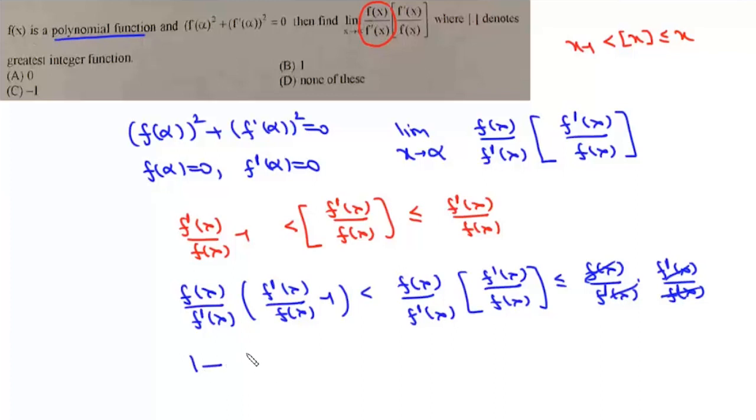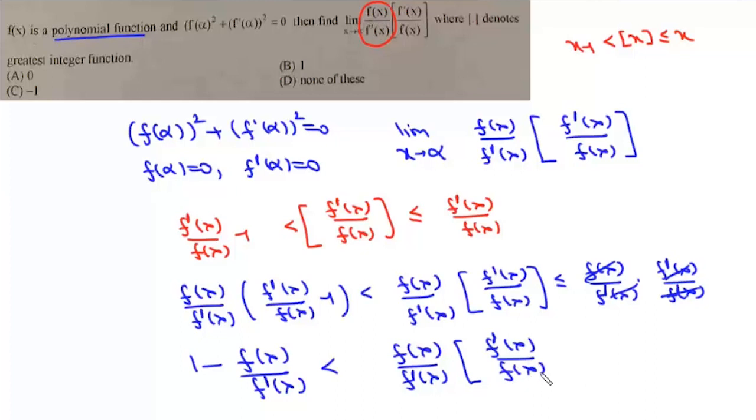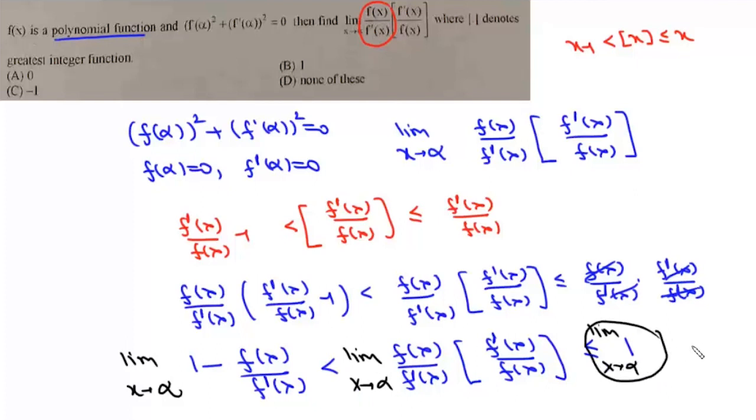So we'll get 1 minus f(x) upon f'(x) is less than f(x) upon f'(x) into the greatest integer function of f'(x) upon f(x), that is less than or equal to 1. Now if we take the limit as x tends to alpha everywhere, the value of the limit on the right hand side is 1.